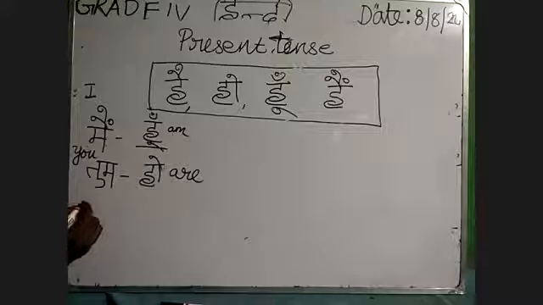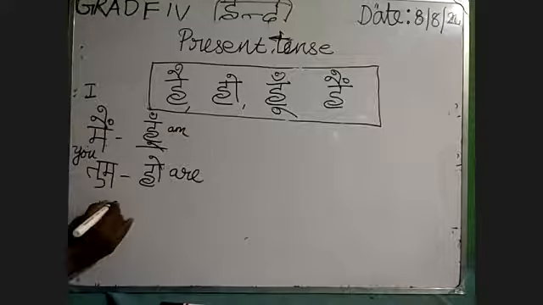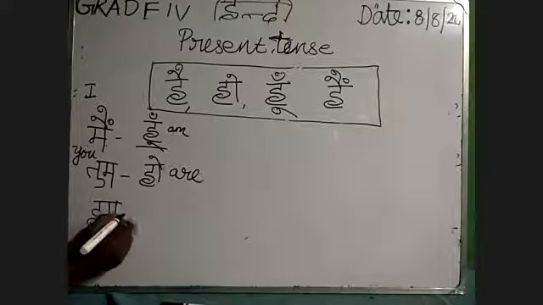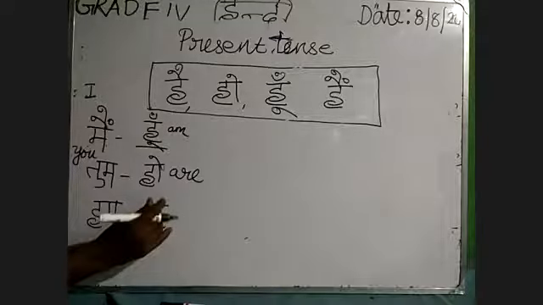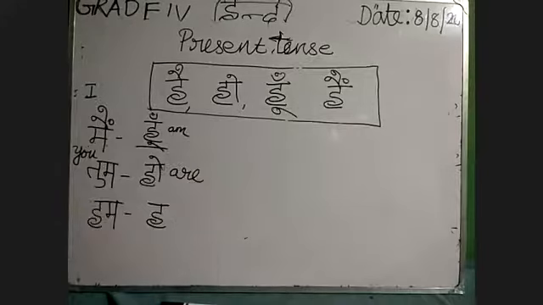Third one, ha, ma. Hum means we. That is first person plural. So always for plural and respected person, only hain will come.